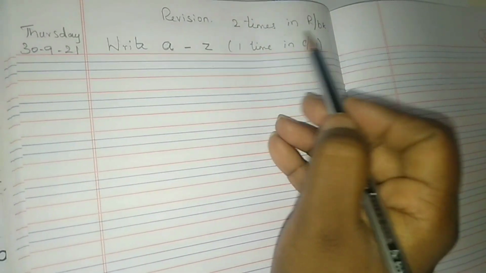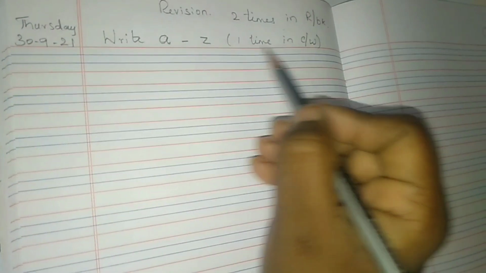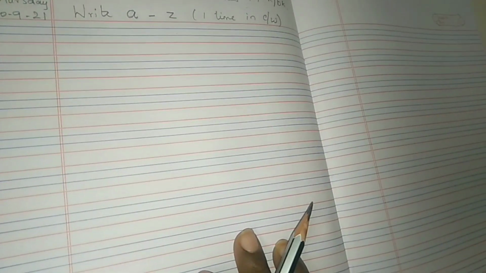Okay, fine. Don't write all this. I'm just showing you for you to remember. Once you write capital letters here, and small letters here, and then the workbook you have to write, finish it and send me. And when you finish, when you have time, in the evening, you can write it in your rough book, practice 2 times, and you can send me.